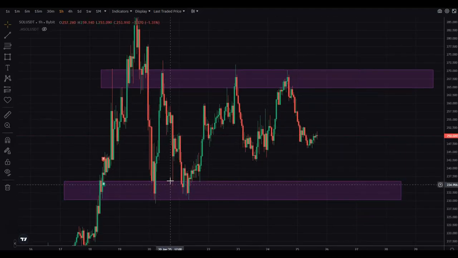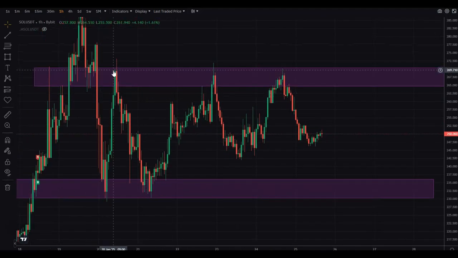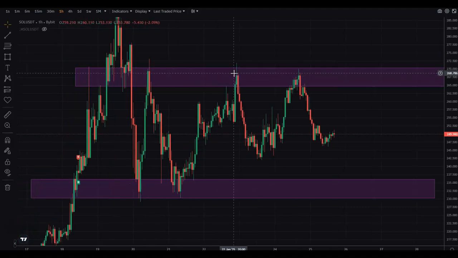So in the support zone there's a lot of buying pressure, a lot of buyers coming in, and in the resistance it is the opposite. There's a big selling pressure. You can even see the candles didn't close as high as they went. They jumped up but closed way lower.